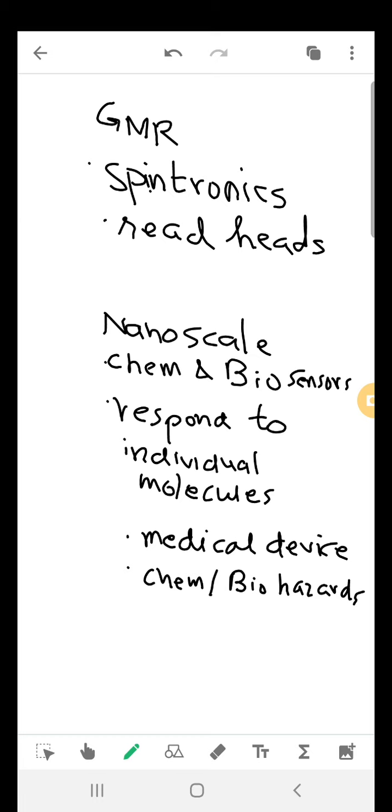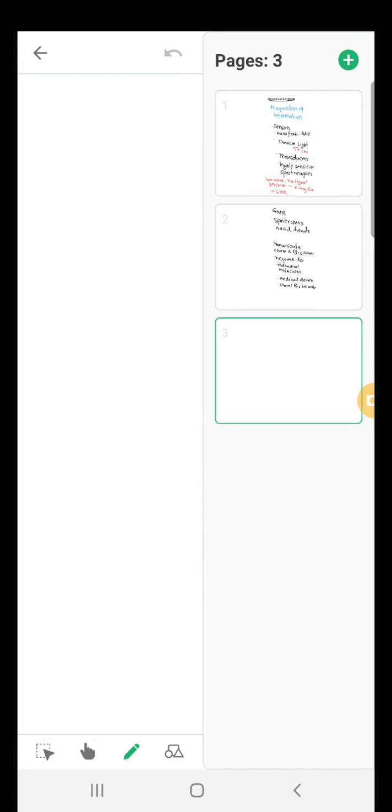Now, there are many enabling technologies for nanoscale acquisition, for nanometric light sources and nano antennas. Essential building blocks are nanophotonic sensors.